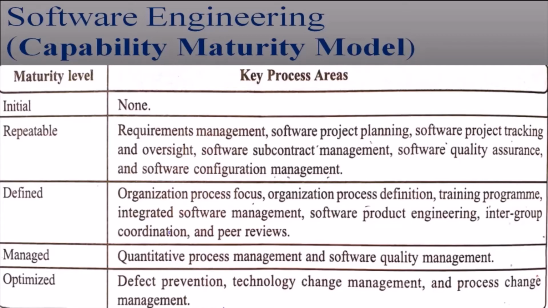The key process areas are organization process focus, organization process definition, training program, software product engineering, intergroup coordination and peer reviews. Next maturity level is managed, and the managed maturity level includes quantitative process management and software quality management. And the last maturity level is optimized, and the key process areas associated with the optimized level are technology change management and process change management. We will discuss each maturity level in detail.